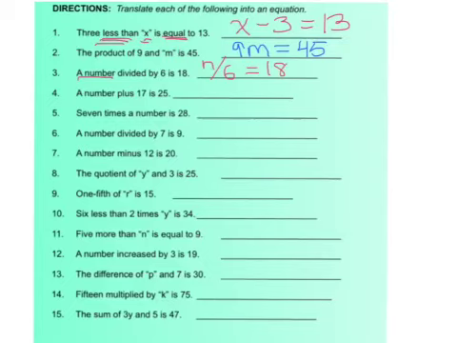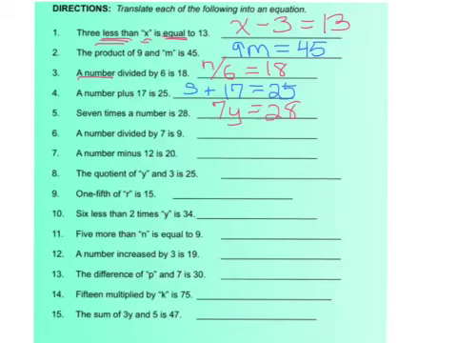A number plus 17 is 25. So again, a number, they don't tell us what letter to use, so let's say s plus 17 is, so equals 25. 7 times a number, they don't tell us what number, let's say 7y is 28.